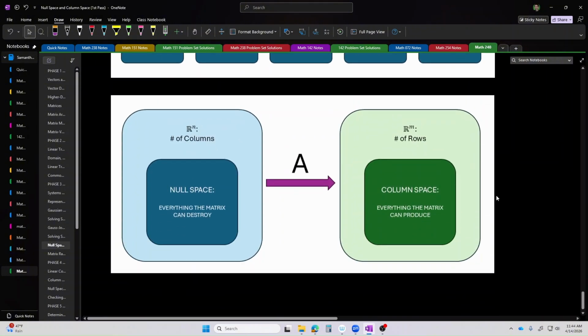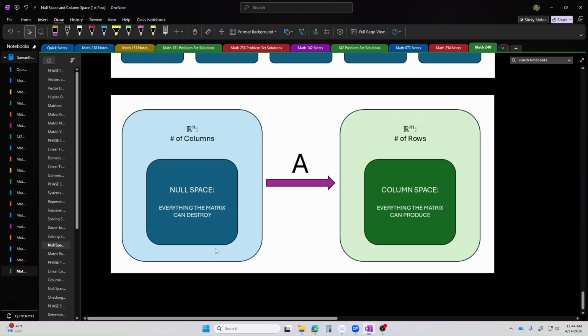Now, just to emphasize again, when we're talking about matrix multiplication, the domain is determined by the number of columns, and the null space is a subset of that domain. The null space is a subset of the domain because the null space are vectors that are going into the transformation.